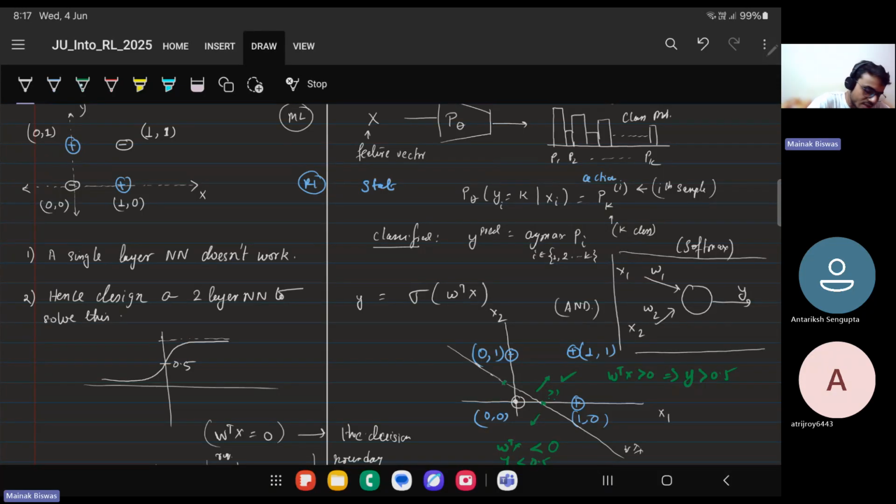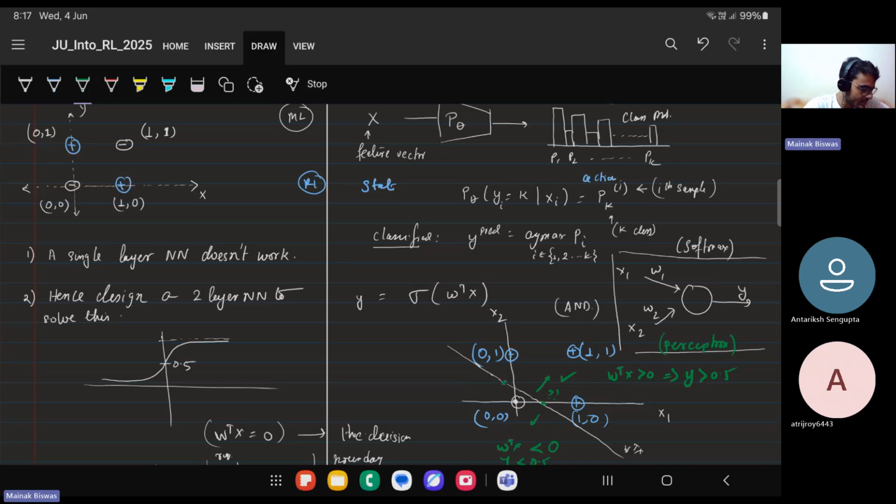This is called a perceptron because neurons in the brain often function like this. You have a lot of dendrites feeding into the axons, and then the axon will decide whether to fire or not and transmit the decision to the next neuron, and so on. So people named it perceptron in the early 40s and 50s.